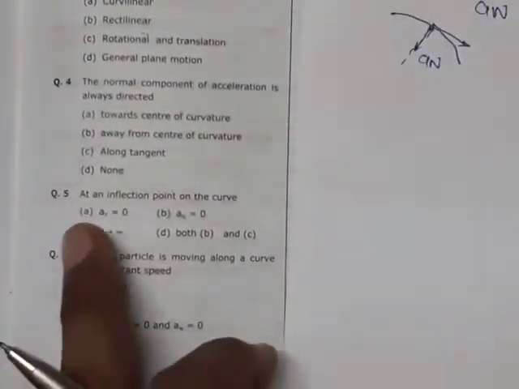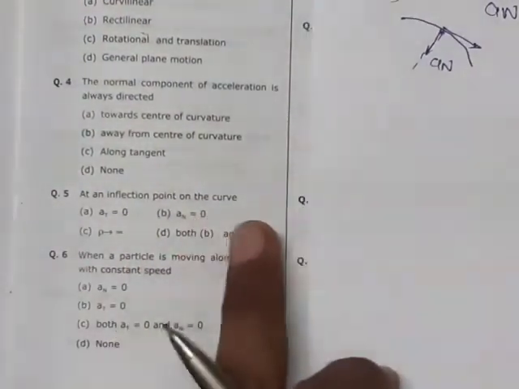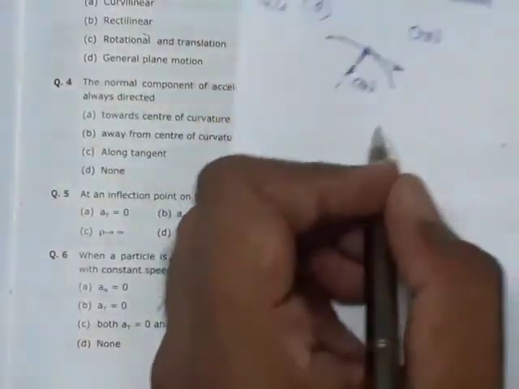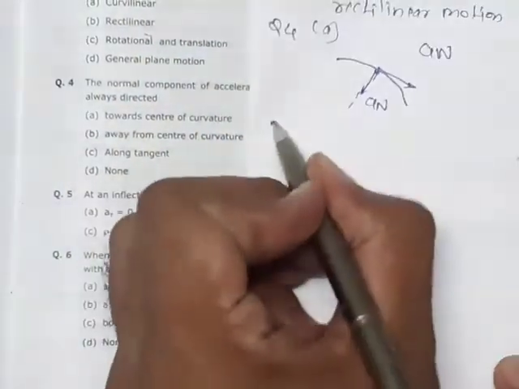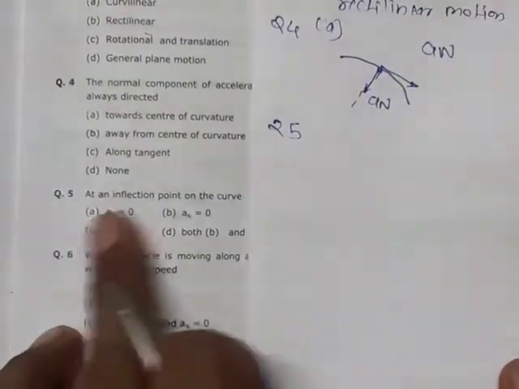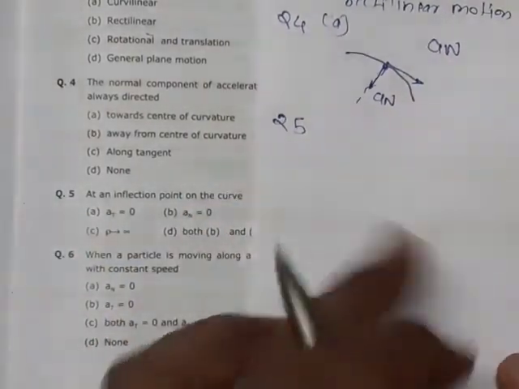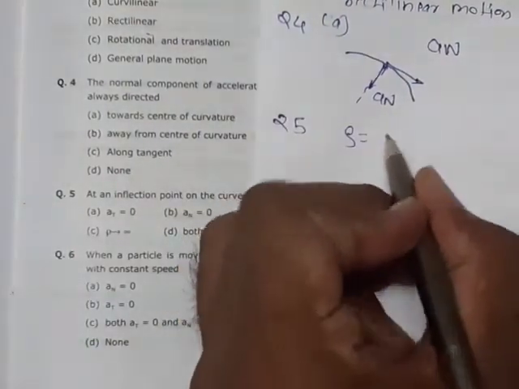Let's see question 5. Here they are saying at an inflection point on a curve, what are the conditions? Either at is 0, an is 0, rho is infinity, or both B and C. So when you say inflection point, it is the point where rho is equal to infinity.